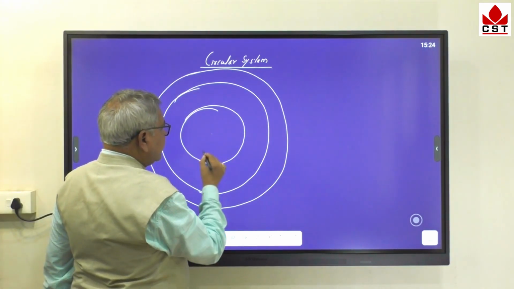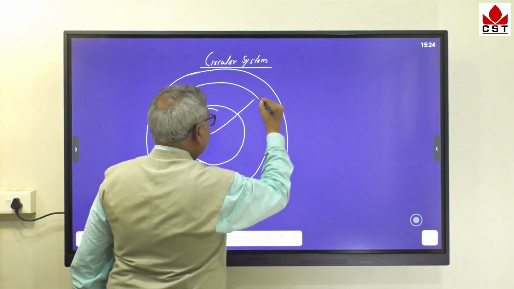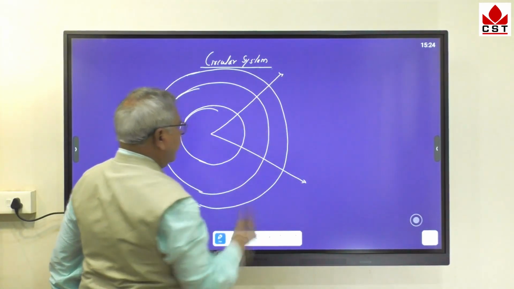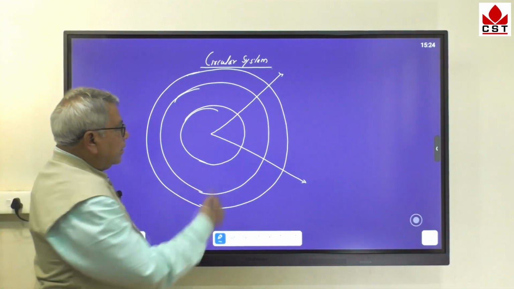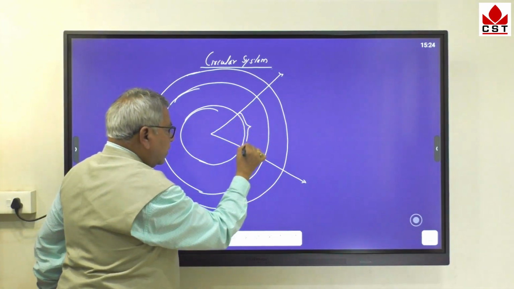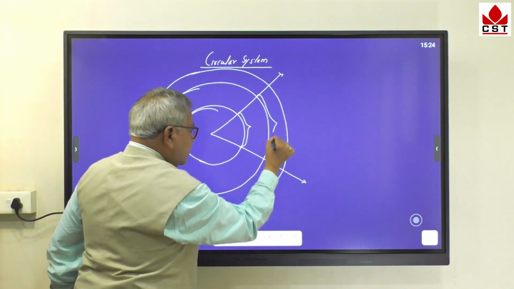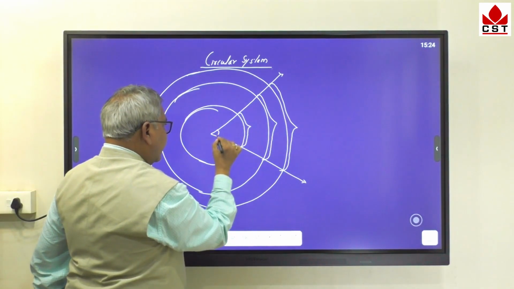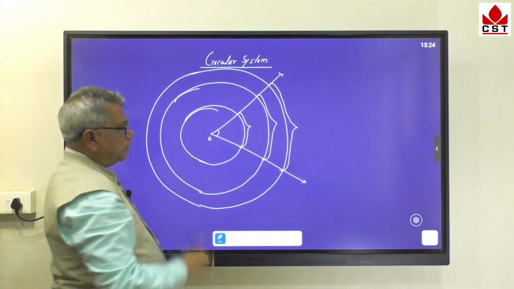Listen here, it's a center. This is an arc of the circle. This is an arc of the circle. This is an arc of the circle. This is an angle subtended at the center.